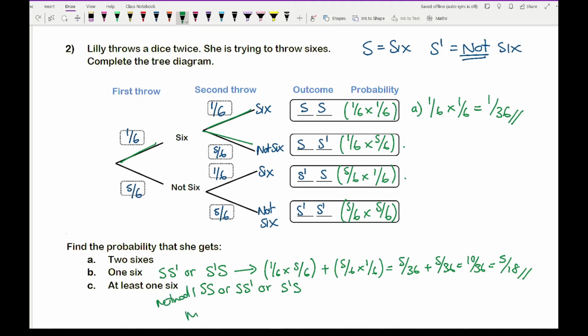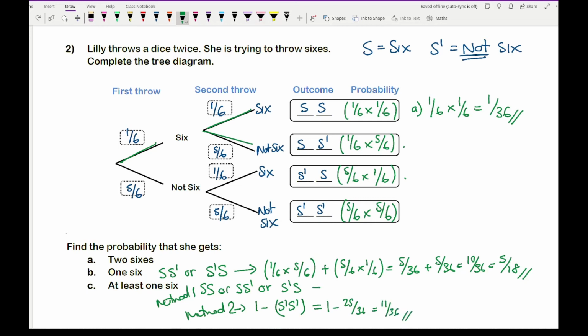Or what you could do, method 2, is work out what you don't want and take it away from 1. So it's going to be 1 minus not S and not S. So doing it this way, it's going to be 1 minus 25 over 36, which leaves me with 11 over 36.